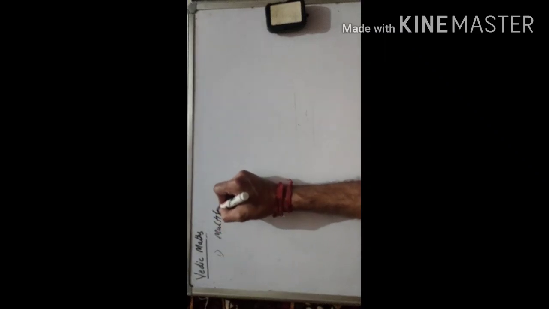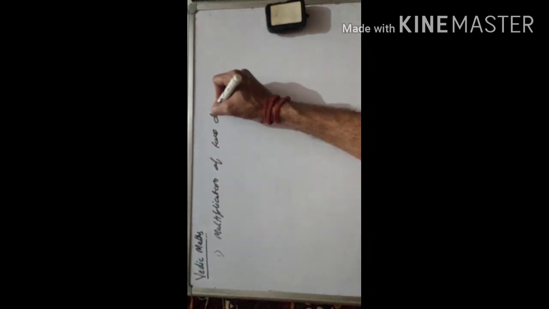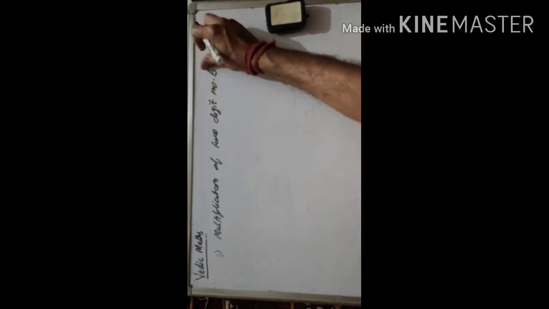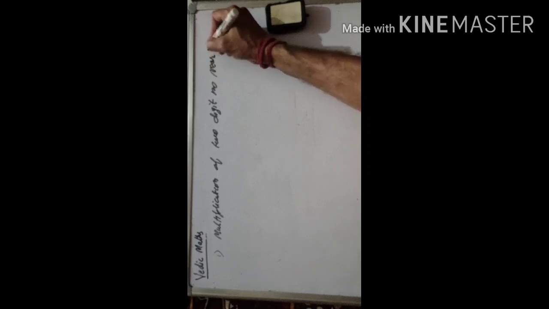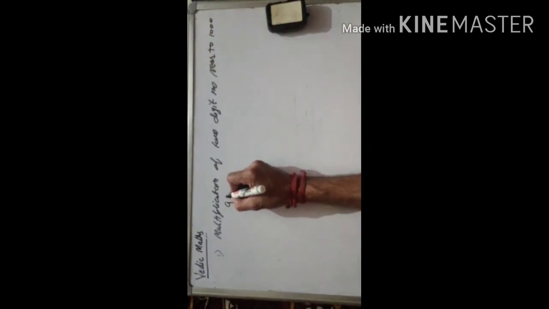Next is multiplication of 2-digit number near to 1000. That is 998 into 999.